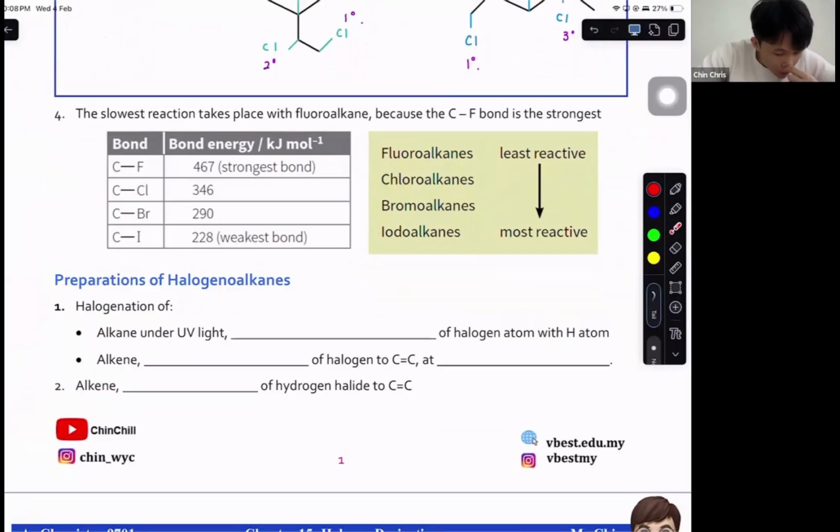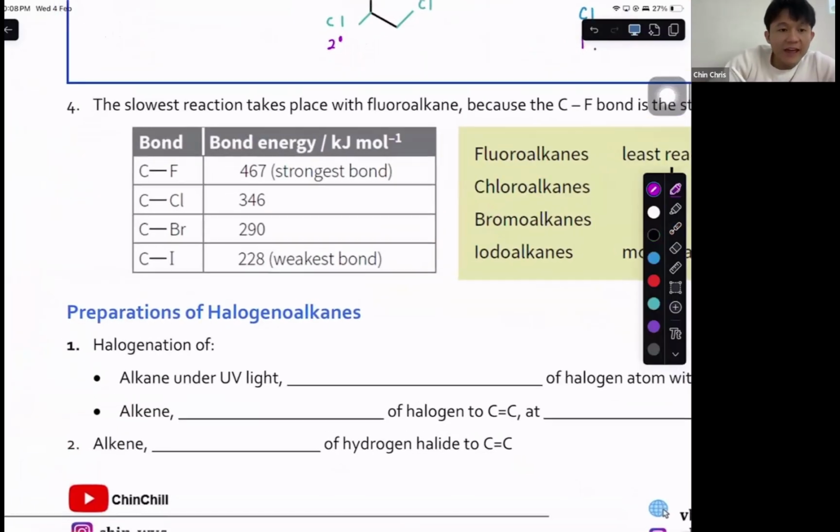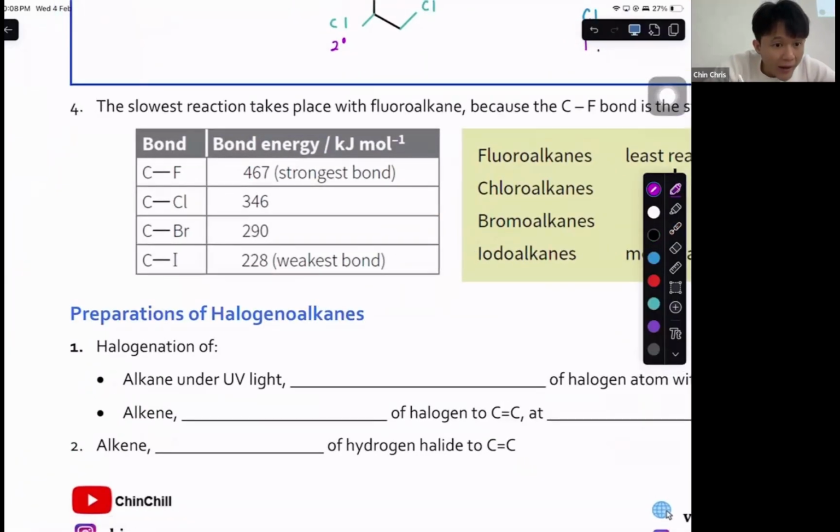Alright, now the slowest reaction takes place with fluoroalkane, because the C-F bond is the longest. So guys, as you go down the group, do you see that the bond length gets longer and longer? Why? Because C-F is so short, then after that we have C-Cl getting longer, C-Br getting longer, then C-I. The reason is that going down, atomic radius increases.